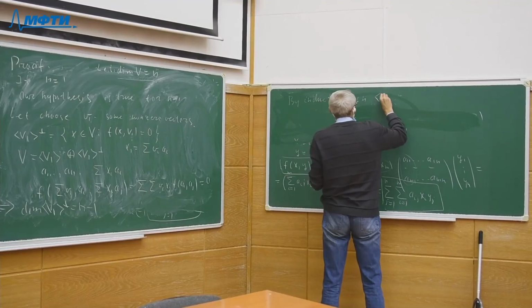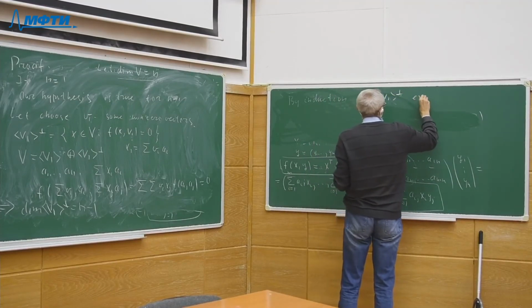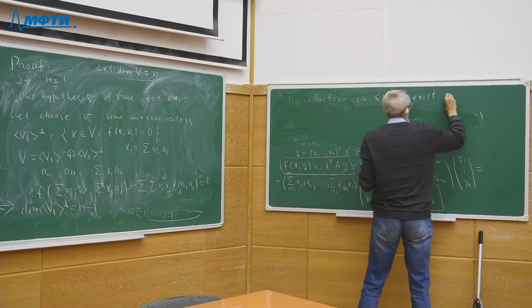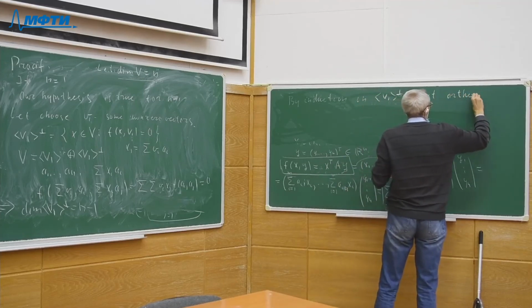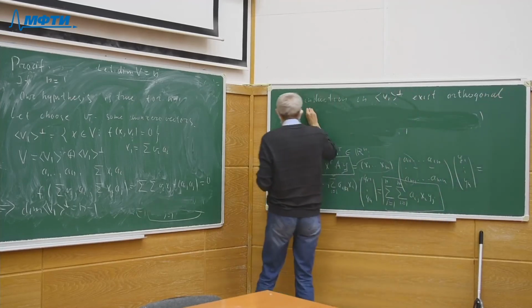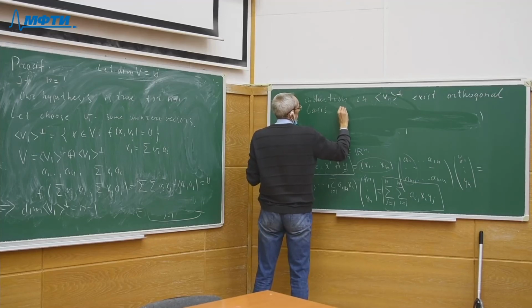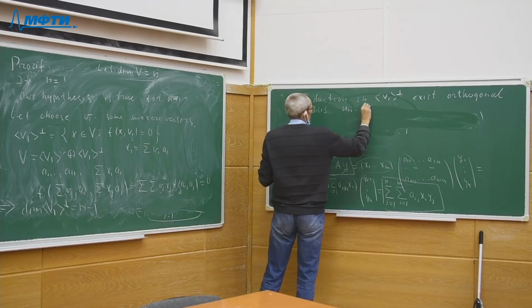In the orthogonal completion there exists an orthogonal basis u2, ..., un.